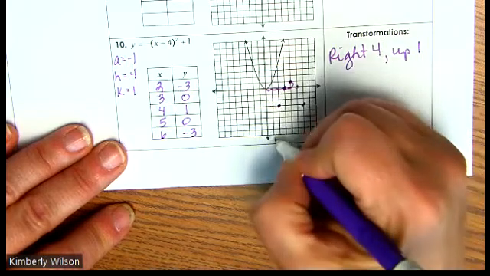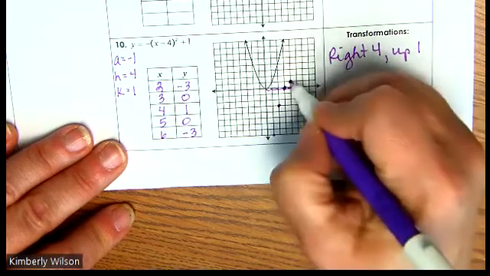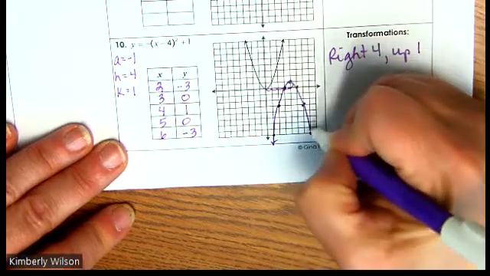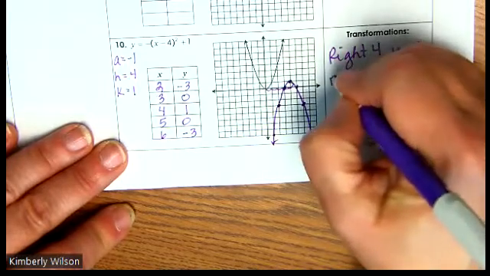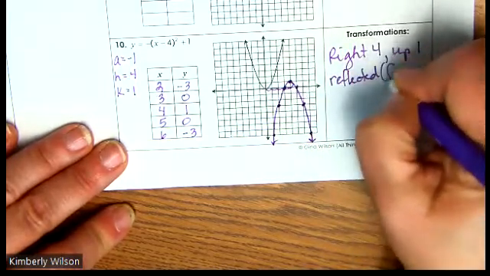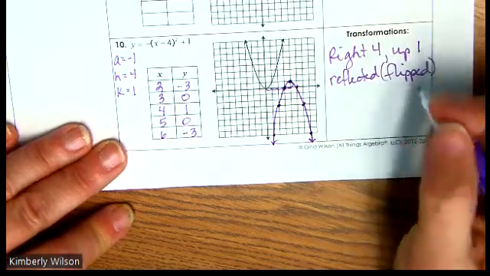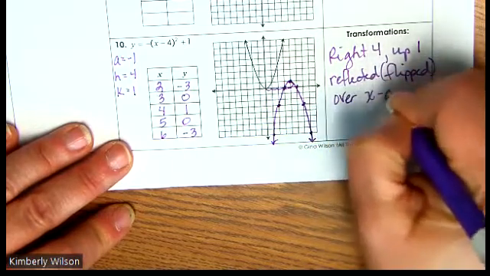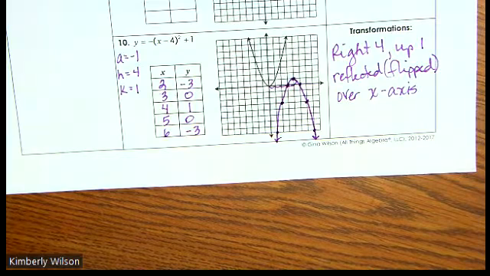And then 1 is -8, which is going to be here. And that means 7 is going to be here. So now I can draw my graph, make my parabola. So I have it's right 4, up 1, and it also reflected or flipped over the x-axis. Okay, next problem.